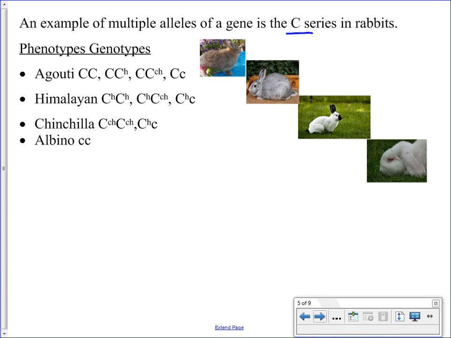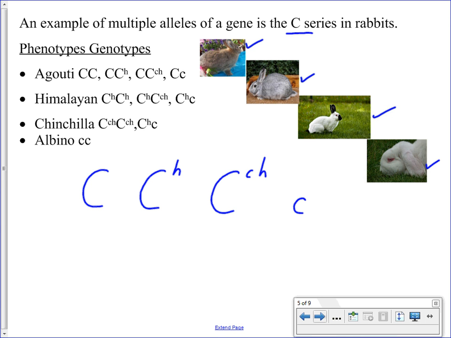The different coat colors represented here are what is referred to as the agouti coat color, this is the Himalayan, this is the chinchilla, and this one here is the albino. So the four different possible alleles are the capital C, a capital C with a superscripted H, a capital C with a superscripted CH, and a lowercase c.